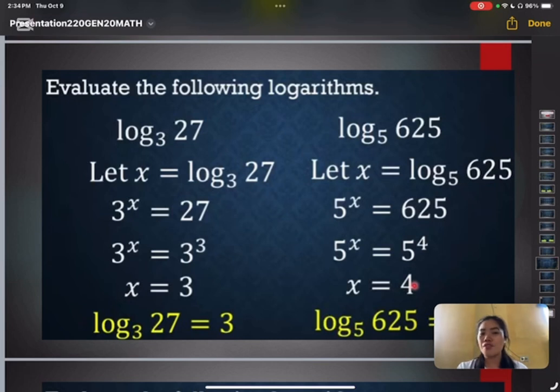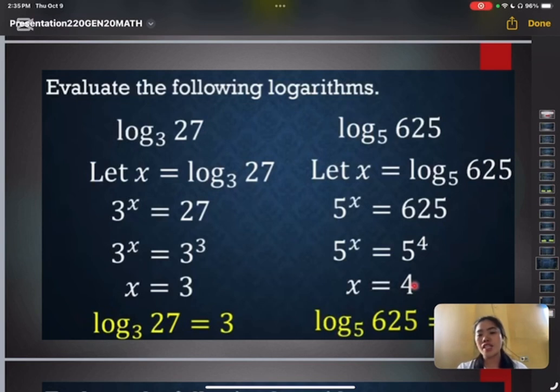So, log 27 with base 3 is the same as 3 raised to the power of x is equal to 27 in exponential equation. Now we are going to express both sides, the left and the right side of the equation, with the same bases. So you have 3 raised to the power of x is equal to, express 27 with base 3. That will be 3 cubed. So 3 raised to x is equal to 3 cubed. Since we have the same bases now, we're going to equate the exponents. So x is equal to 3. Therefore, log 27 with base 3 is equal to 3.